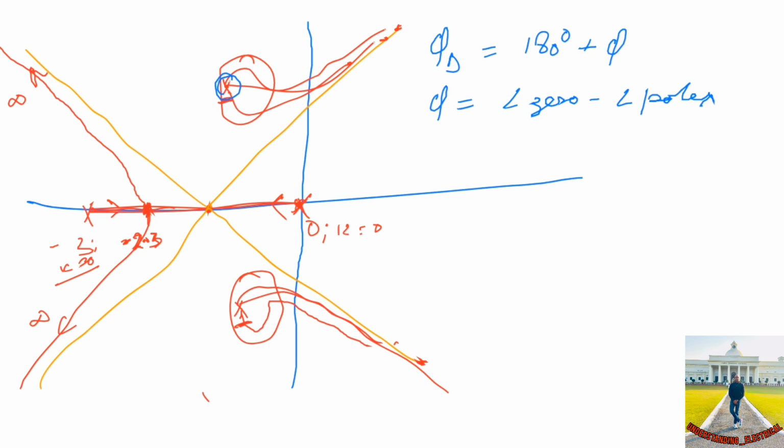So what I'm going to do, I'll take one arbitrary point near to this complex pole, or you can just assume that you are drawing the phasor to this from every remaining pole and zero. So let's draw it. One phasor is from this pole, the other one is from this, and one is from minus 3.